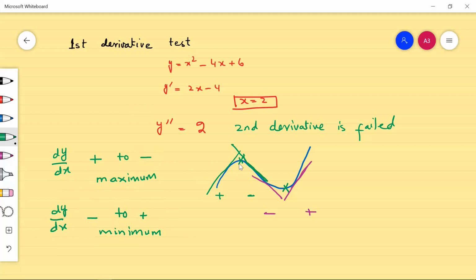If the point is a maximum, then before that point the slope, found using the derivative formula, will be positive, and after it the slope will be negative. So if the slope goes from positive to negative, the point will be a maximum, while if it goes from negative to positive, the stationary point will be a minimum.